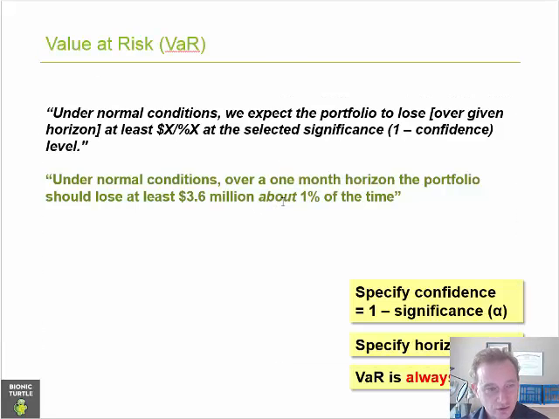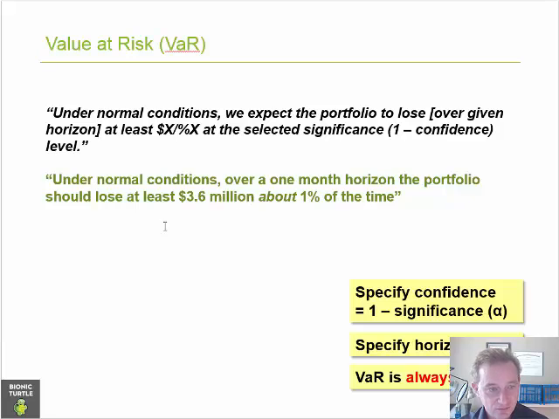To me, that's important because it reminds us that VAR is not actually precise. We may quantify it very specifically, but we don't pretend that it's precise. Under normal conditions over a 1 month horizon, there's the horizon I've decided to specify. The portfolio should lose at least 3.6 million.